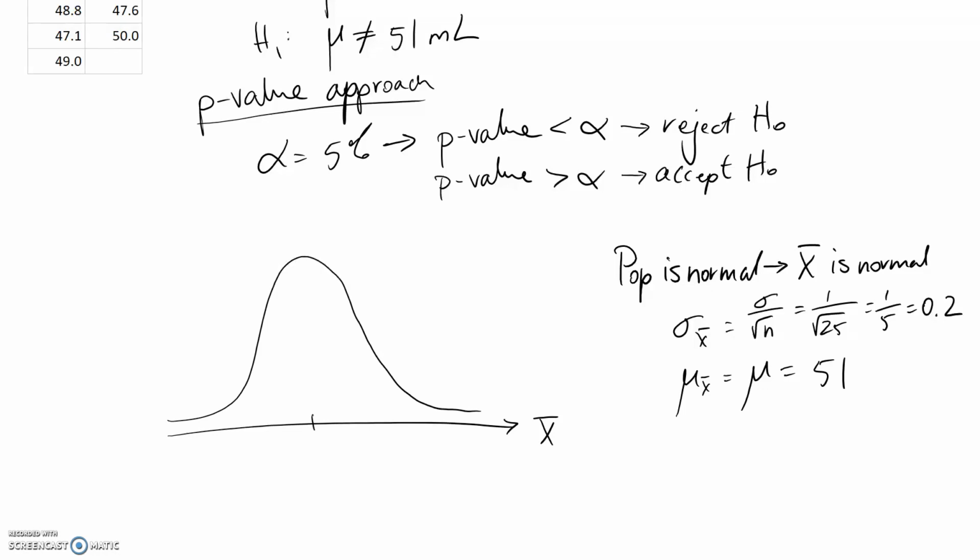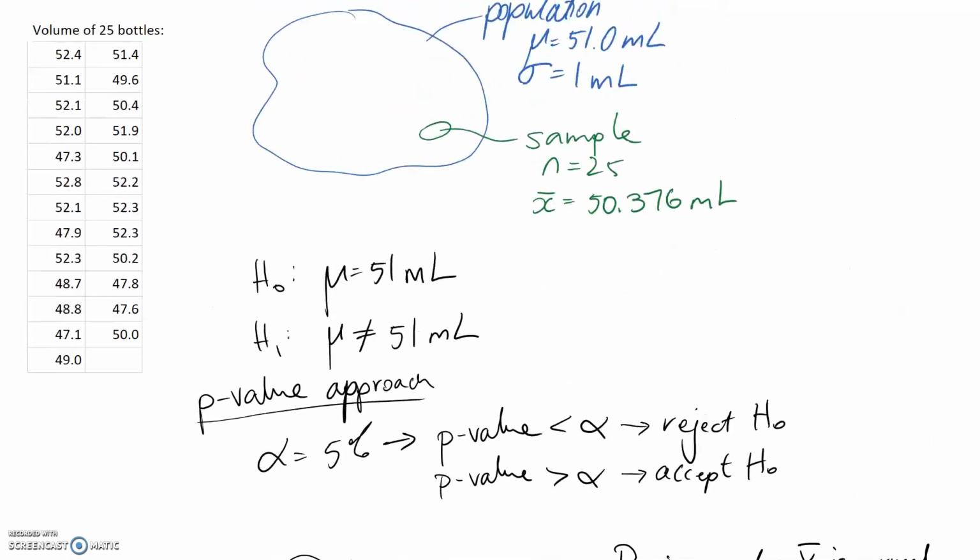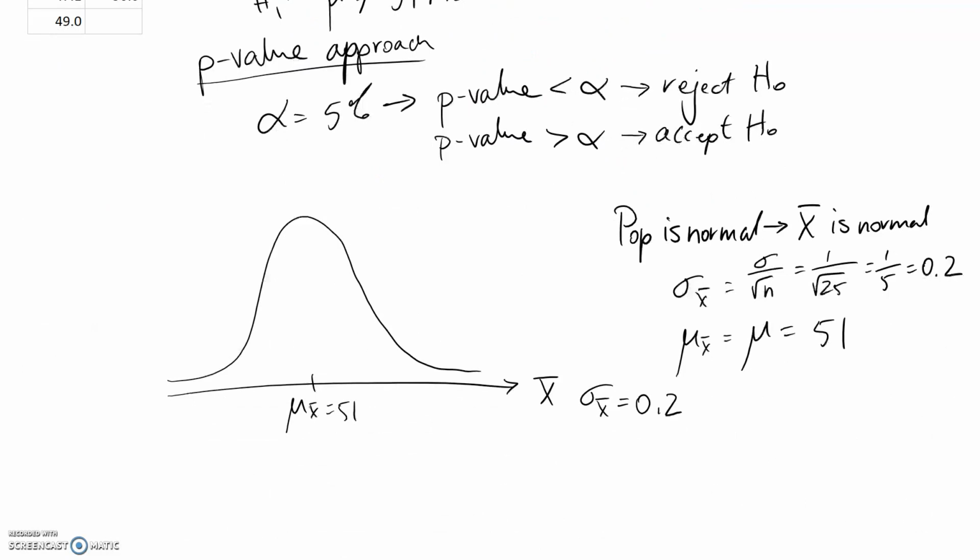It's normally distributed. The mean here is 51. And I'll mark over here X bar's standard deviation was 0.2. Alright, so our point of interest on this is that we have a sample mean which is 50.376. So that's going to be, say, here somewhere.